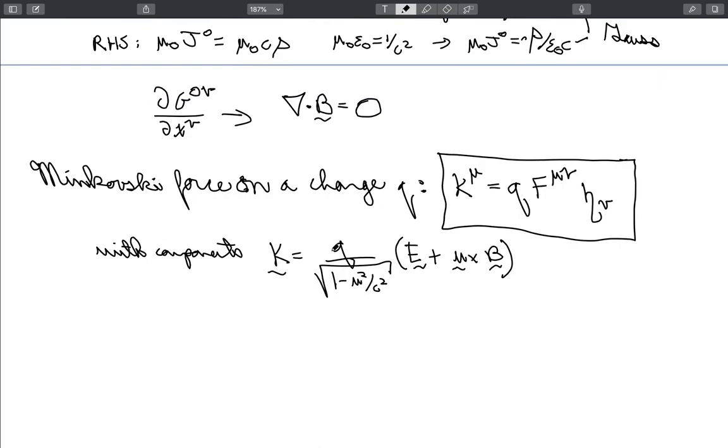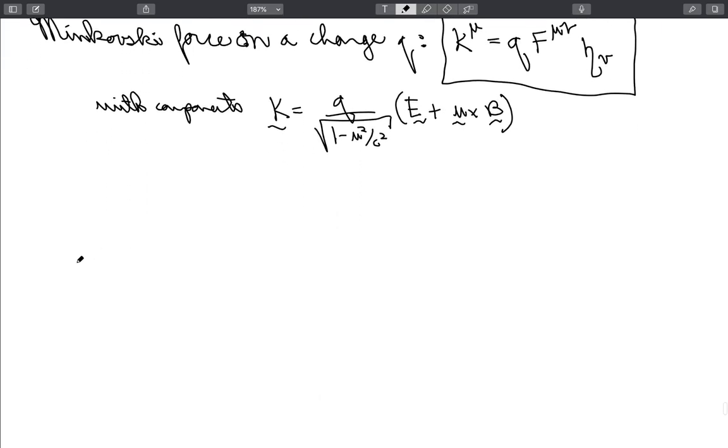Okay, now one last thing to treat. It's the question of how to write everything in terms of potentials. So let's do this little section quickly. Relativistic potentials.